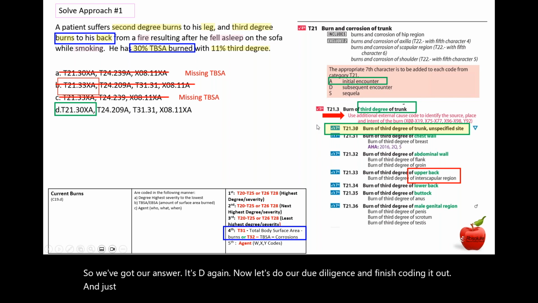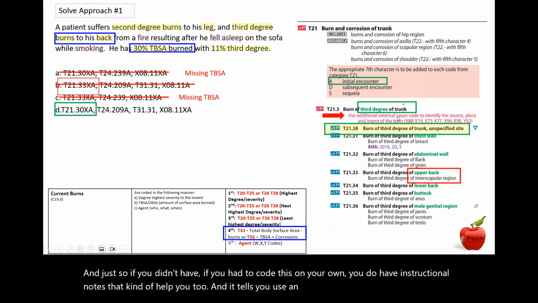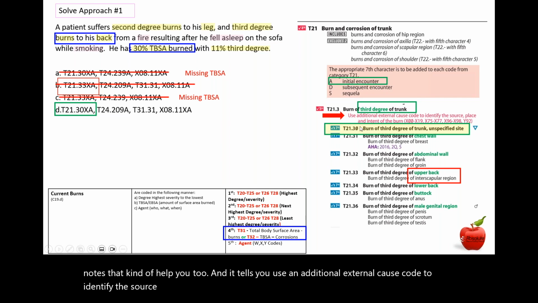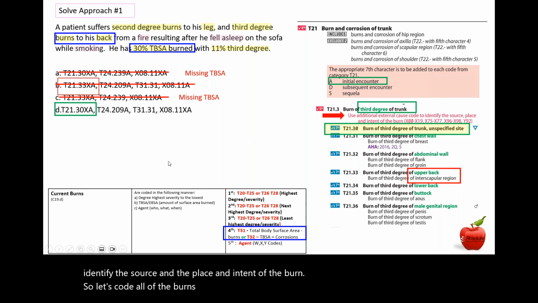And just so you know, if you had to code this on your own, you do have instructional notes that kind of help you too. It tells you to use an additional external cause code to identify the source, place, and intent of the burn. So let's code all of the burns, and then let's go ahead and code our external causes.